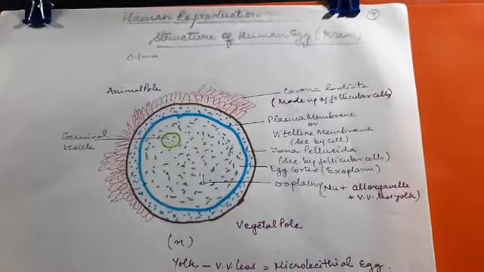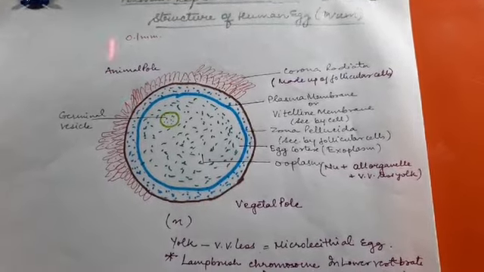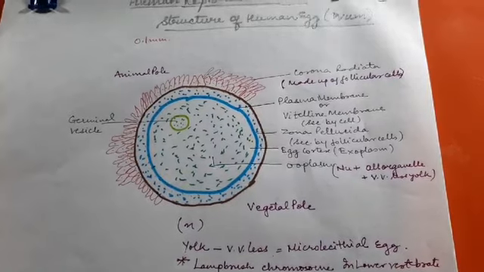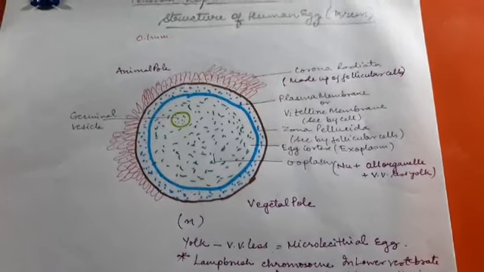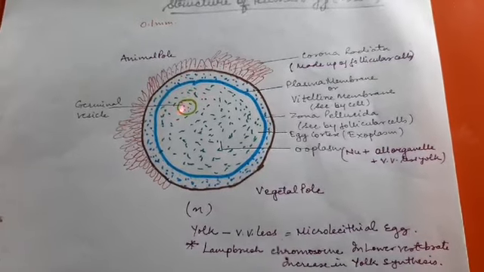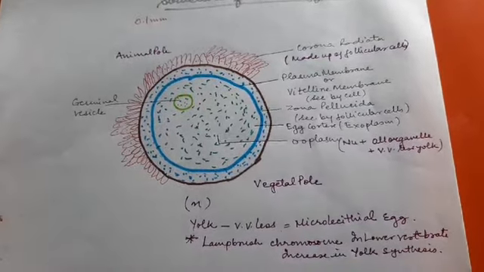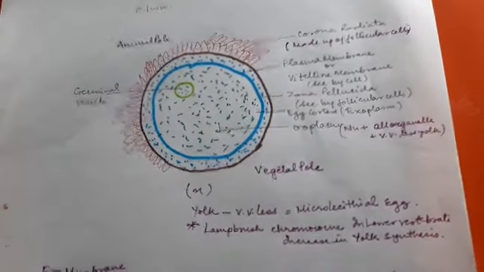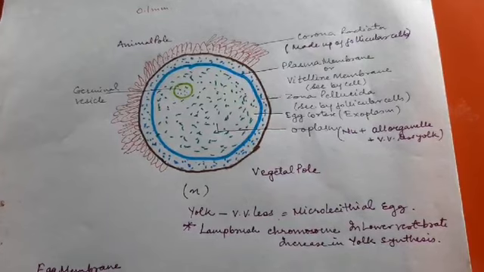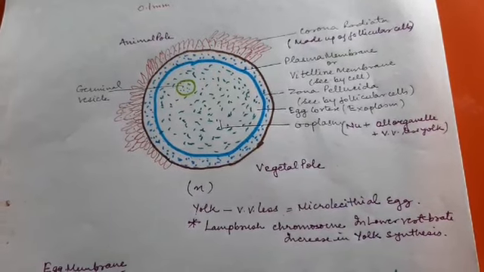And we call this nucleus eccentric, that is bulging, and it is not in the center of the egg, it is on one side. This nucleus is known as the germinal vesicle. Because of the position of the nucleus, we have given polarity to the egg.